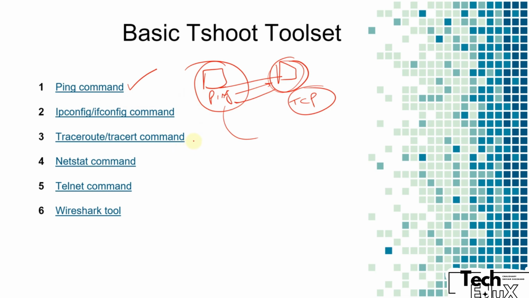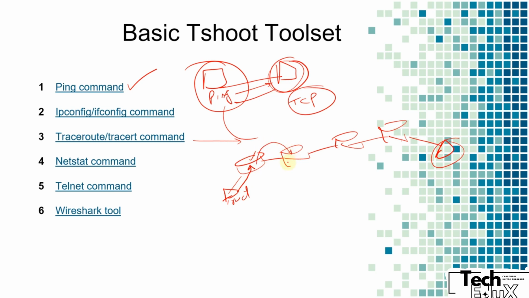Similarly, the traceroute command is going to show us whether the path is working fine or not. If I have multiple paths and I send a traceroute from my system all the way to the system sitting over here, it will hit this one first, then it will jump to this router.